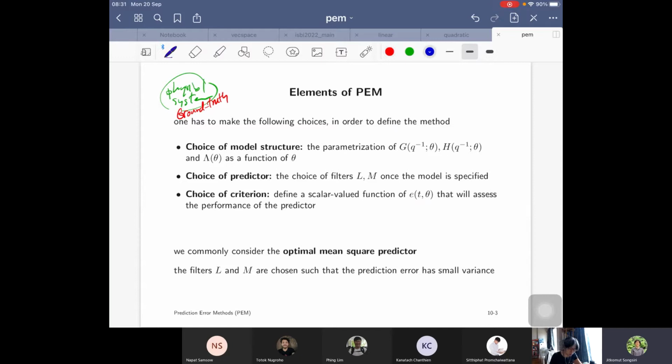But whenever you perform system identification, you must start with a model structure. You must start with the form of the model you're going to use. So this is going to have some certain structure. You believe that this model is the actual one. For example, you believe you're using an ARMA model. You believe that the ARMA model is the structure of your physical system.